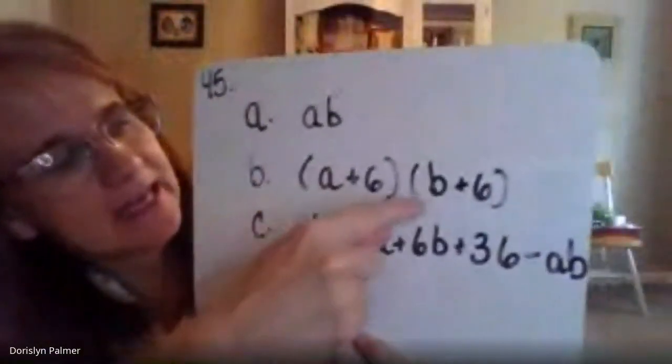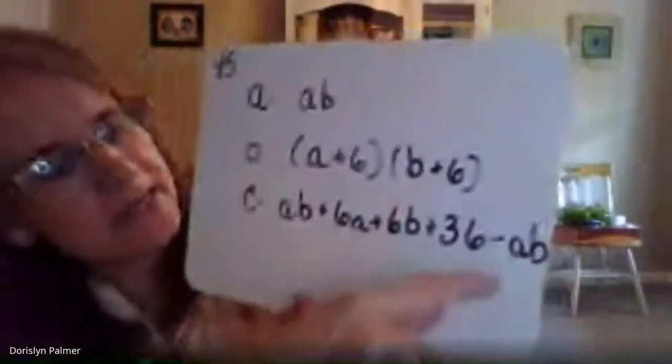Basically the answer for B, but then I subtracted AB. Yeah, that's good. Then they want us to factor it out. So for part C, Matthew's right. He said he did the answer for B, and then he subtracted AB.